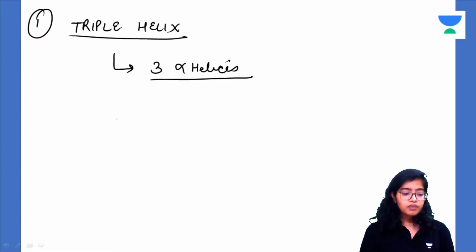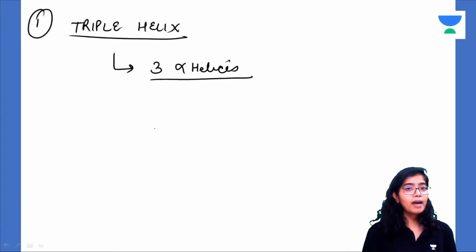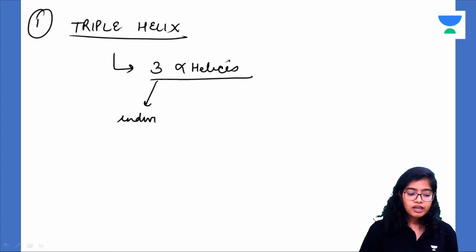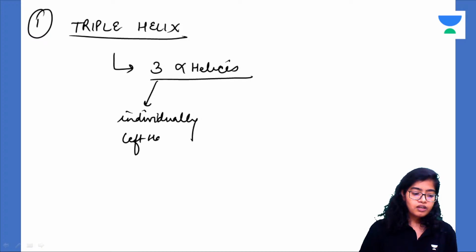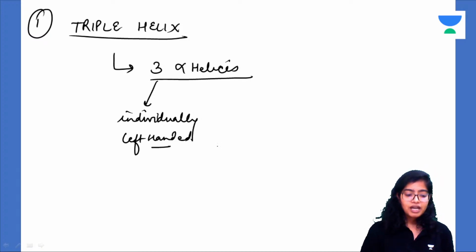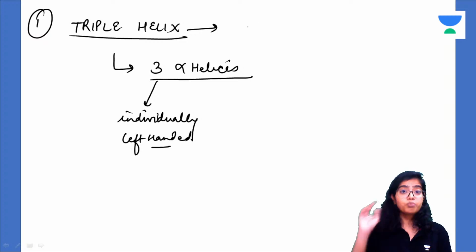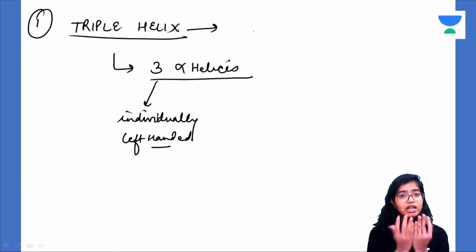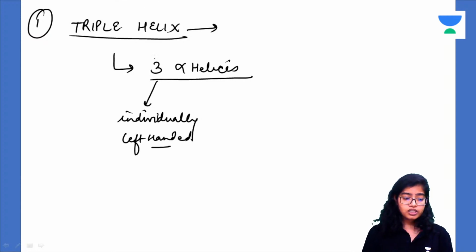Now we have seen that in nature right-handed alpha helices are preferred because their collinear hydrogen bonds form. Now these 3 helices are individually left-handed, and the suprastructure, the triple helix formed by the interaction of these 3 helices, is a right-handed structure.